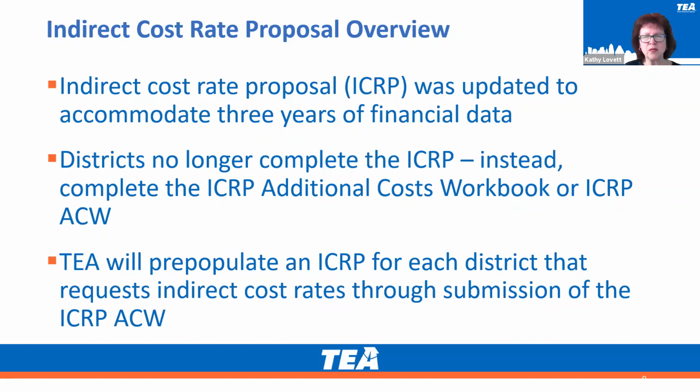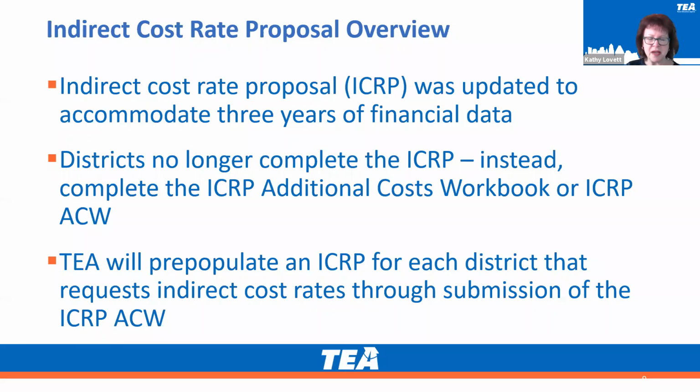Instead, they complete what we're calling the ICRP Additional Costs Workbook, or the ICRP ACW. Because of the size, amount, and complexity of data required by the ICRP, and because it was amped up to include 3 years of data, TEA developed a data calculation methodology that utilizes PIEMS data.